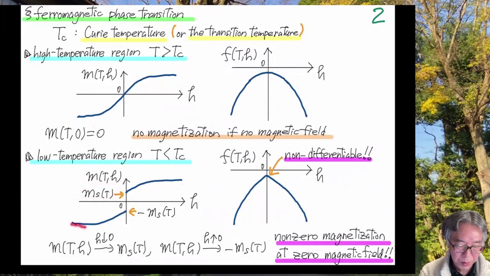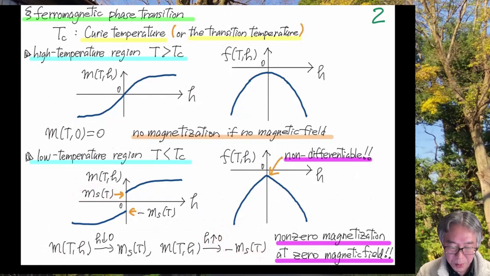And if you come from here, it stops here at a negative non-zero value. So mathematically speaking, this same function has these two different limits. If H approaches 0 from above, then it goes to m_ST. And if it approaches 0 from below, it goes to minus m_ST. So this m_ST is a positive quantity called spontaneous magnetization.